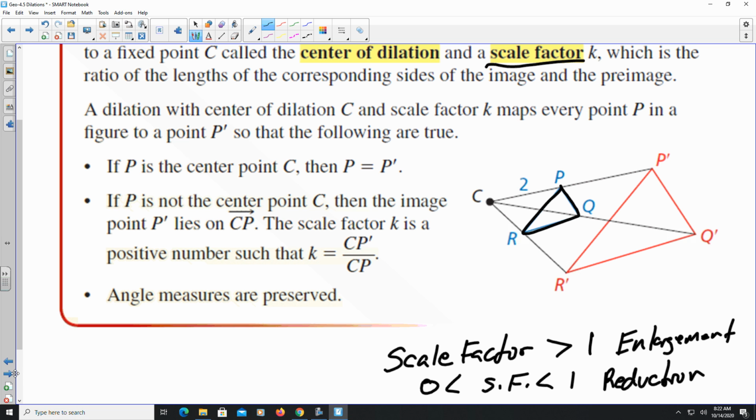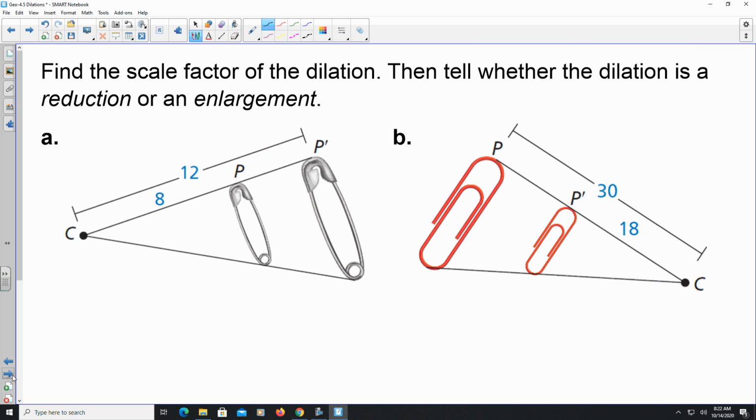Okay. So if we look at an example like this, here we have a safety pin, and we have a point of dilation, point C, in both examples A and B. Here this is point P, and here this is P prime. P prime is larger than point P, so it is going to be an enlargement.